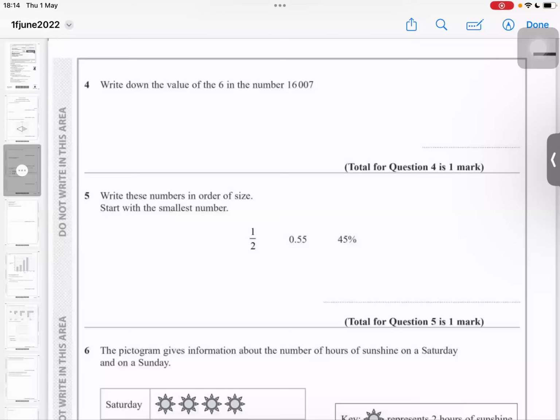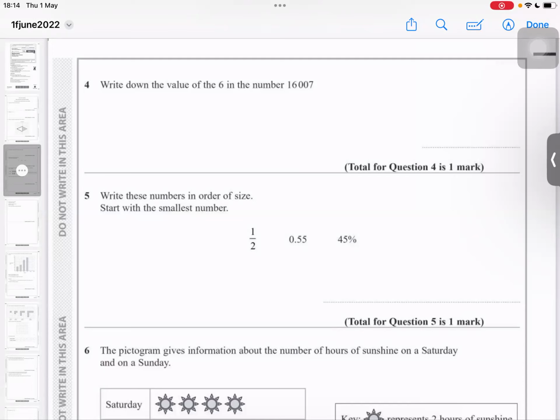So 45 divided by 100, the decimal point will move from behind the 5 over the 5 and then over the 4 towards the left hand side, making it 0.45. So the smallest is 0.45, followed by 0.5, followed by 0.55. Do you agree with that? Yes.